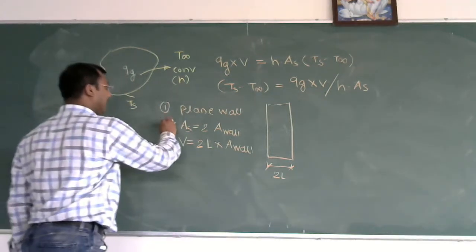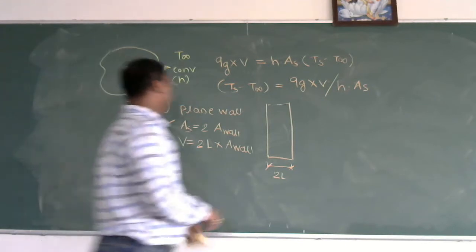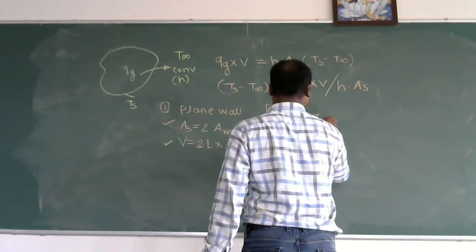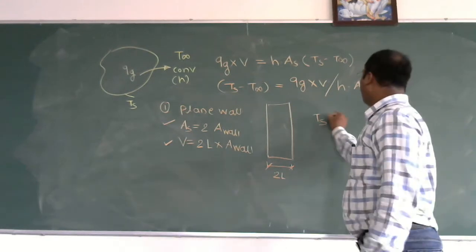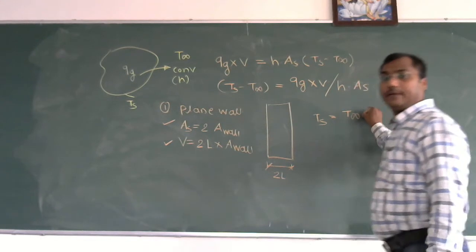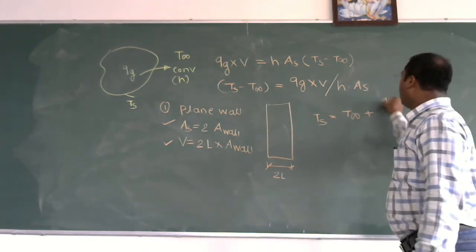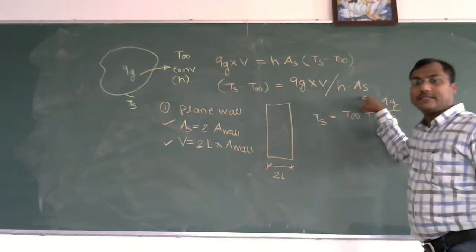So I am getting As and V, the volume. If I put these two in the equation, I will get Ts equal to T infinity plus Qg divided by h into volume by surface area.